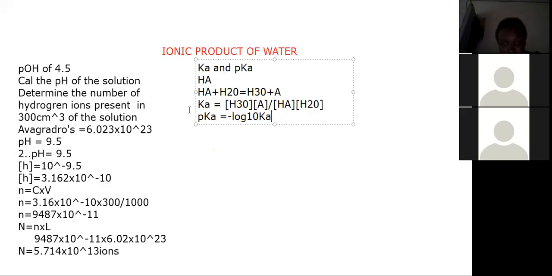And so an acid with a higher value of Ka is a stronger acid than the acid with a low value of Ka. That means if you have a lower value of Ka, then it's a weak acid.